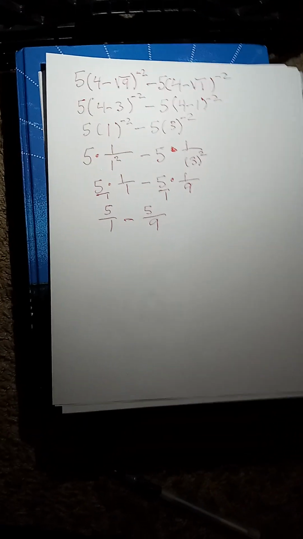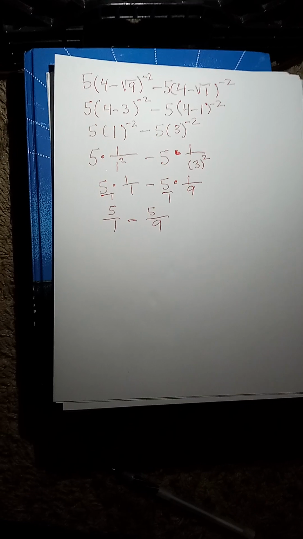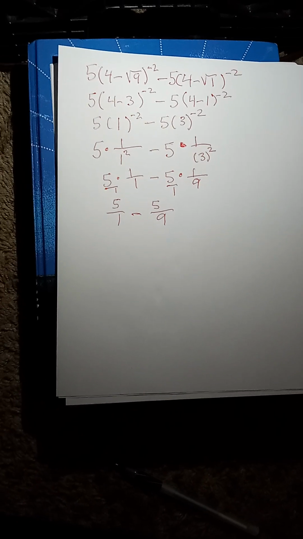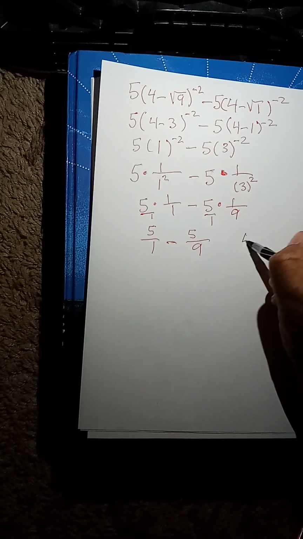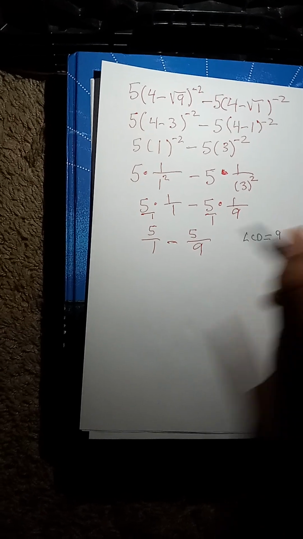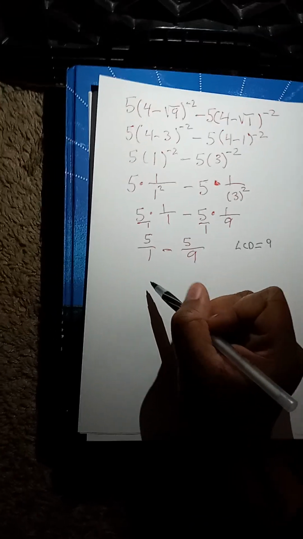So now we need to simplify 5 divided by 1 minus 5 divided by 9. We want to find a common denominator. The least common denominator is 9, so I only need to alter the first fraction.